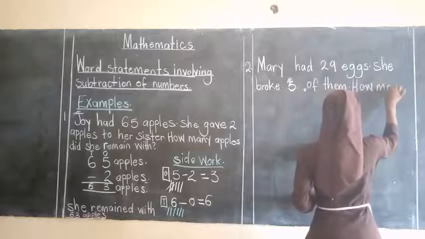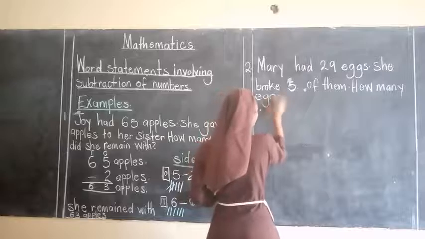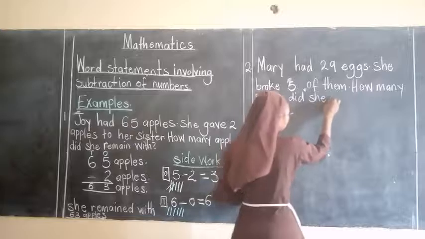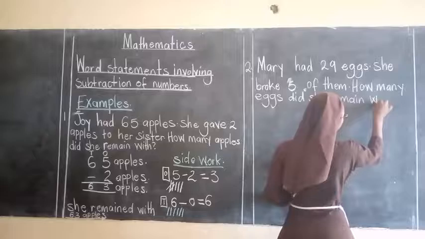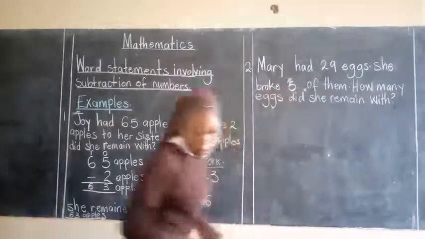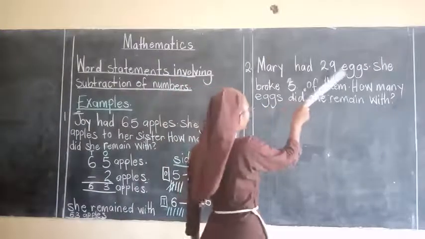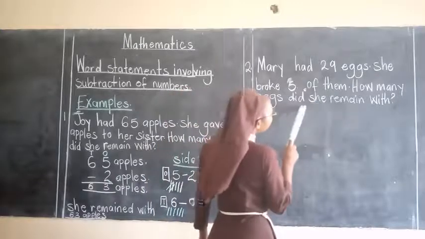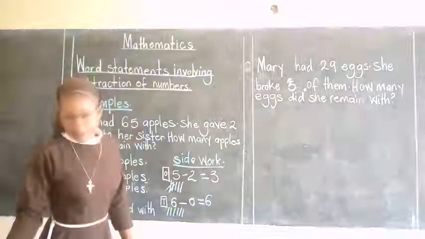How many eggs did she remain with? So we read our question. Mary had 29 eggs. She broke 5 of them. How many eggs did she remain with? That is the statement that has been given to us.